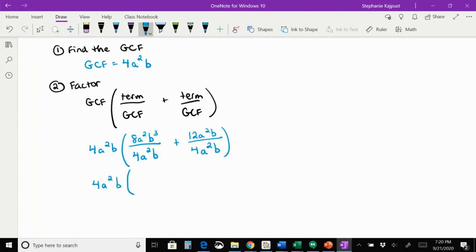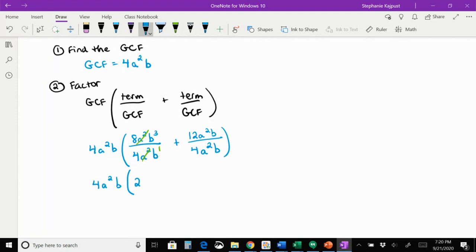So I still have 4a squared b in front, and then I start simplifying. 8 divided by 4 is 2. The a squareds completely cancel out. Then I have b cubed over b, which you can think of as having an exponent of 1.